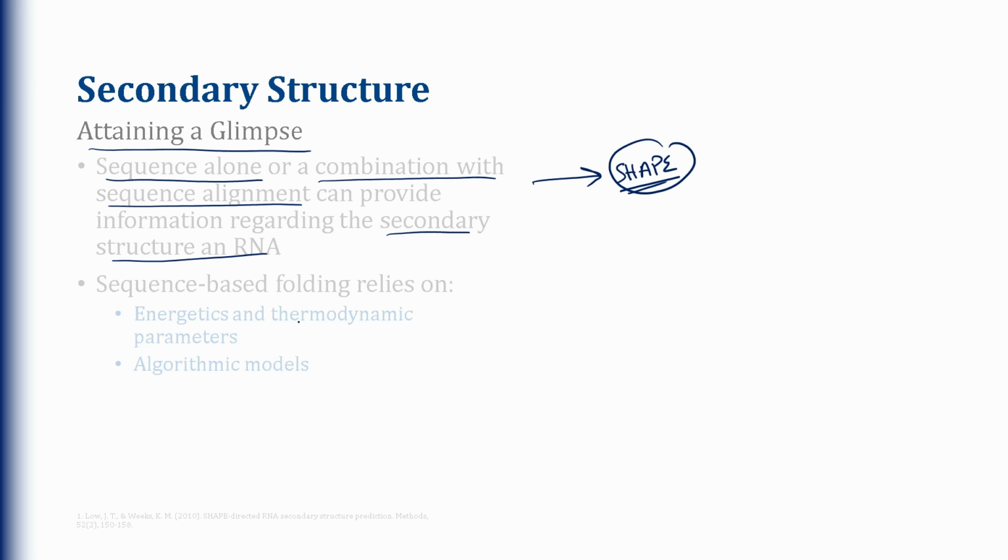Now, sequence-based folding relies on energetics and thermodynamic parameters. It also relies on algorithmic models. We'll talk about that in a bit. But recall, this alone would not be accurate, so you'd have decreased accuracy in the secondary RNA structure that you've deduced.